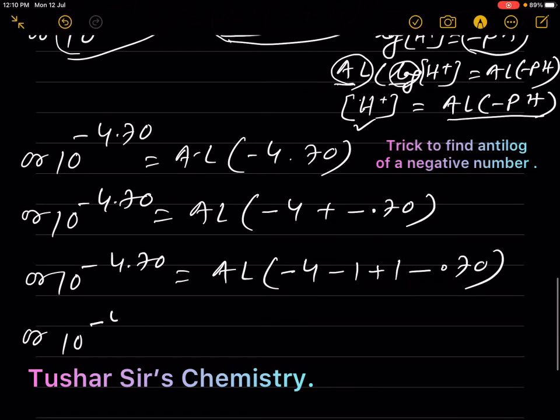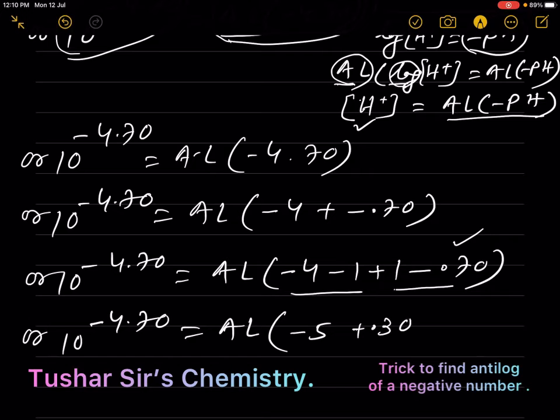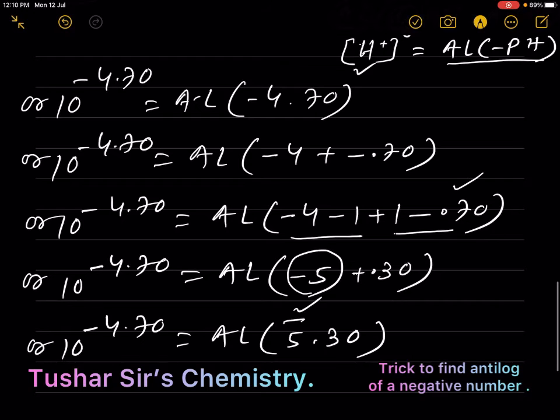Minus 4 minus 1 becomes minus 5, and 1 minus 0.70 becomes 0.30. So it is antilog of 5 bar 0.30, where minus 5 is written as 5 bar.